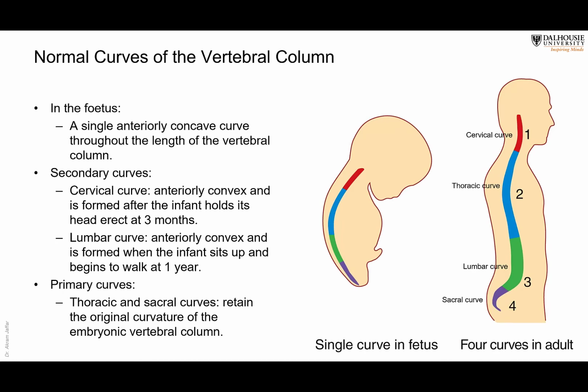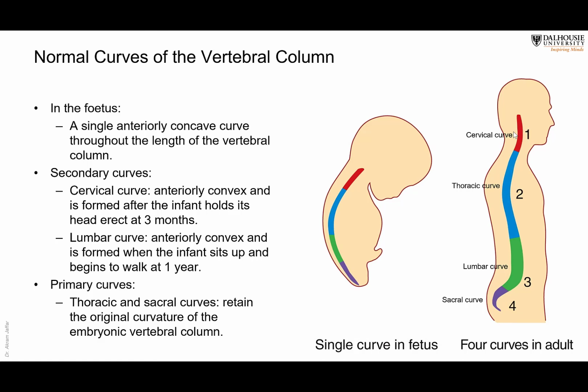The vertebral column has curvatures. In the fetus, it has a single curvature, as you can see here, called the primary curvature. But later, two secondary curvatures will form, one in the cervical region, and this is the first one to form after birth. It's when the baby tries to hold his head, because in the first 3 months of life, the baby cannot hold his head.